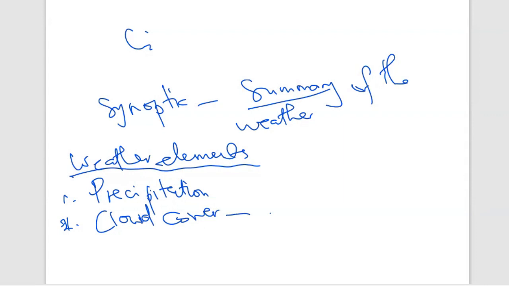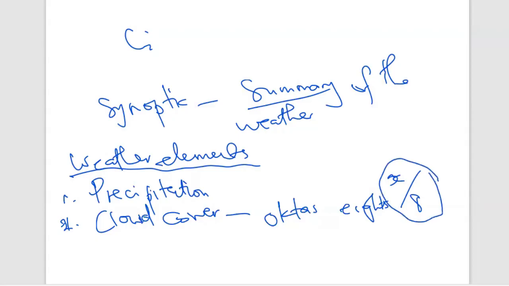When you're talking of the measurement of the amount of atmosphere covered by clouds, we use the concept of octas, or eighths, which is a fraction over 8. So we are referring here to a fraction over 8 as our cloud cover.